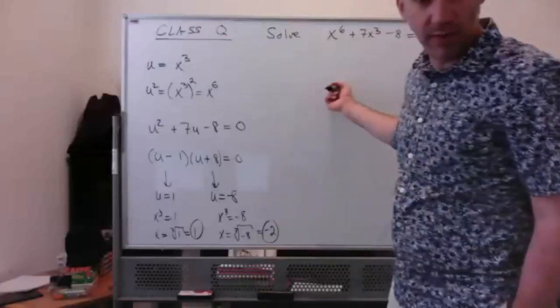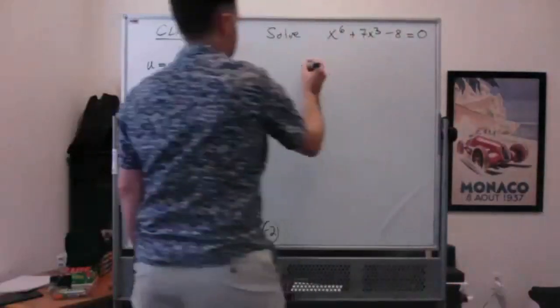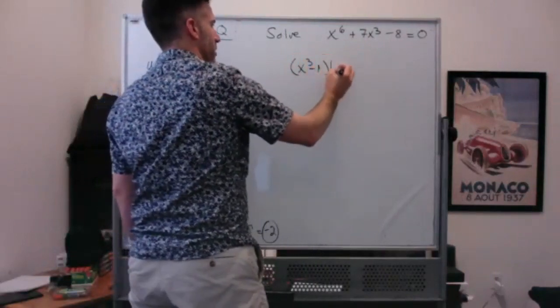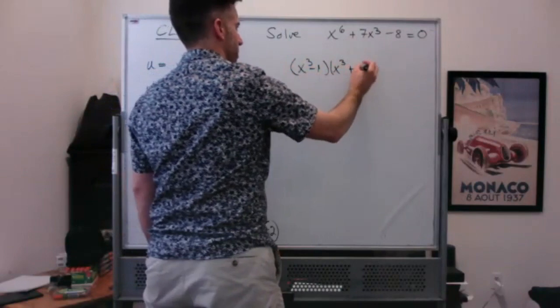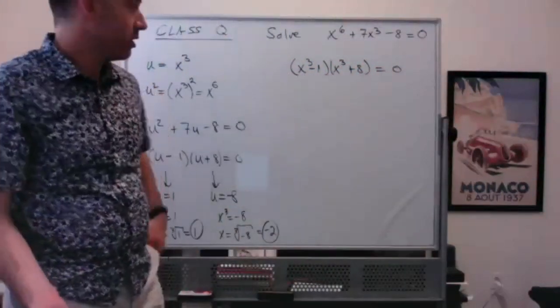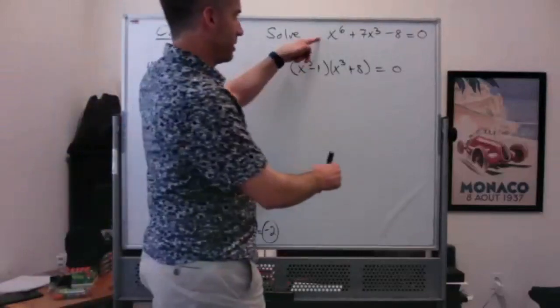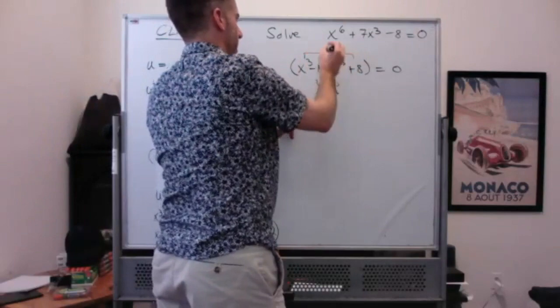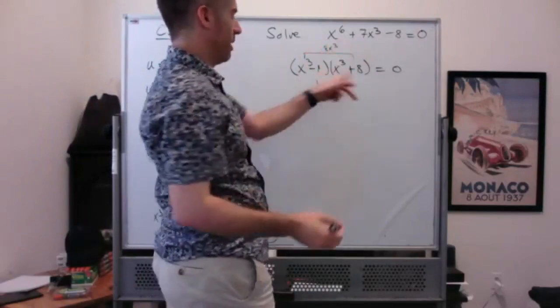The other way you could have done this is just by factoring it as x cubed minus 1 times x cubed plus 8. That would also work just fine, right? This multiplies out to x to the 6th, you get a minus x cubed, you get a plus 8x cubed, and then you get a minus 8.